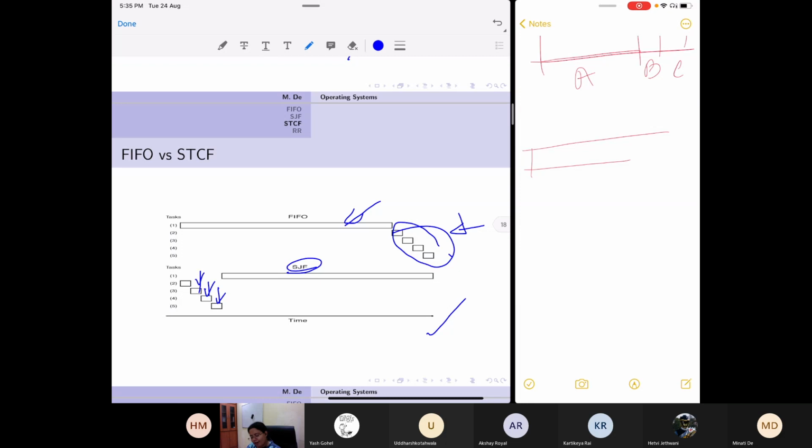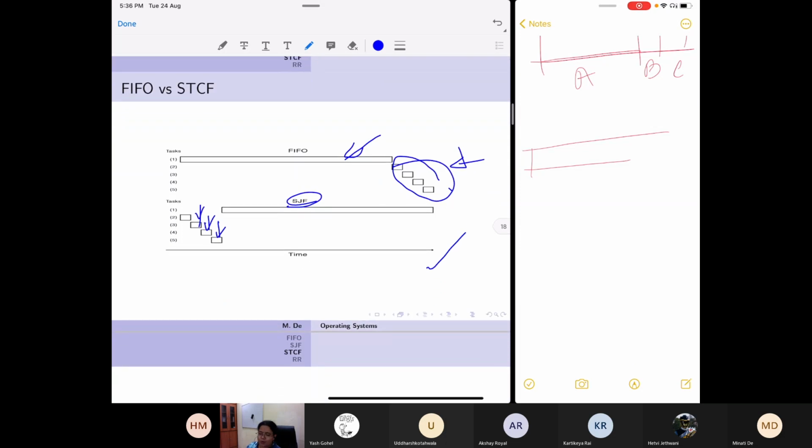We did not care about response time when we designed this STCF or FIFO, right? So now if you want to build your policy so that it performs very nicely with respect to response time, then what can you think about? Which type of algorithm or policy? Can you think about some policy which would perform better than STCF with respect to response time?